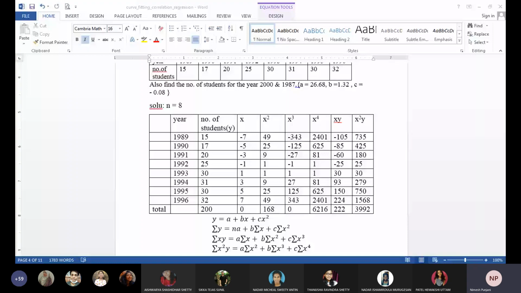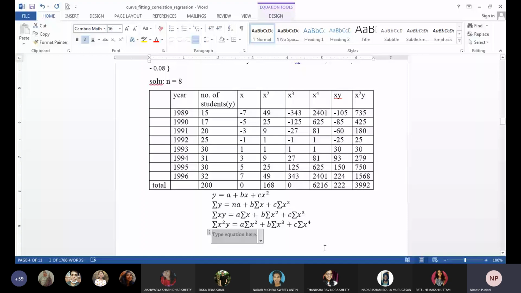Then these are the three equations which we have to solve in case of a parabola. अभी जब तुम उसमें वैल्यू सब्स्टिट्यूट करोगे तो what will be your first equation: 200 equals 8a, summation x तो 0 है, and 168c. This we will take as equation 1.